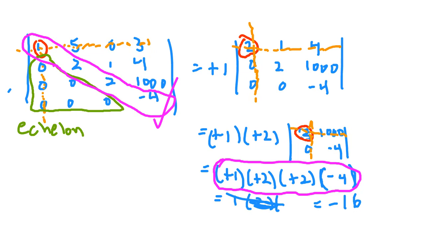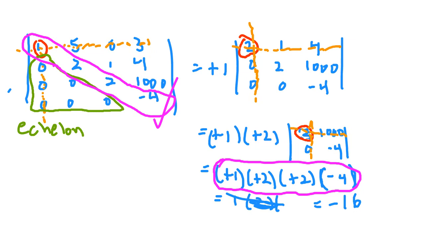How many think that's pretty cool? Yeah, it is. In your homework, with some of the bigger matrices, you want to look for things like that. That's right, Jonathan, it saves a lot of time.